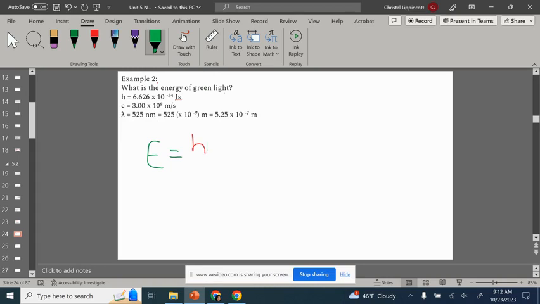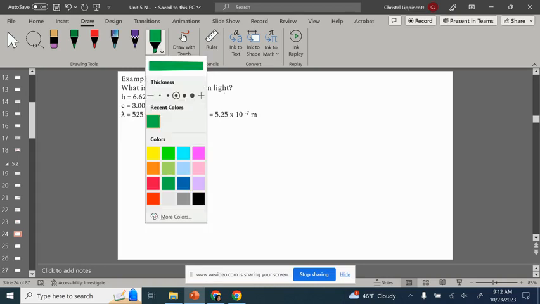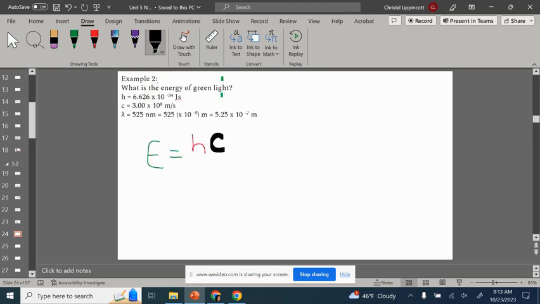Maybe we don't want to use that. Oh, there we go. I can do thickness there. There's C. Okay. And then this guy will be our speed of light for this one. Or not speed of light, our wavelength. Okay, good? Does that work for everybody?